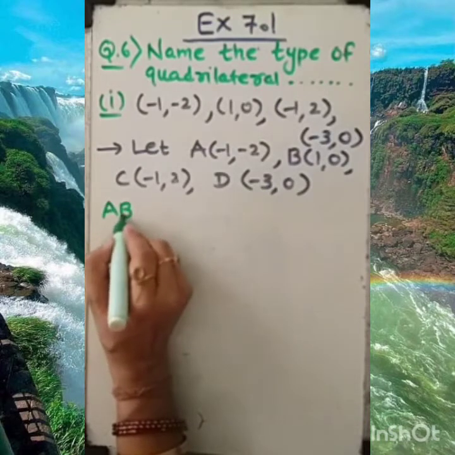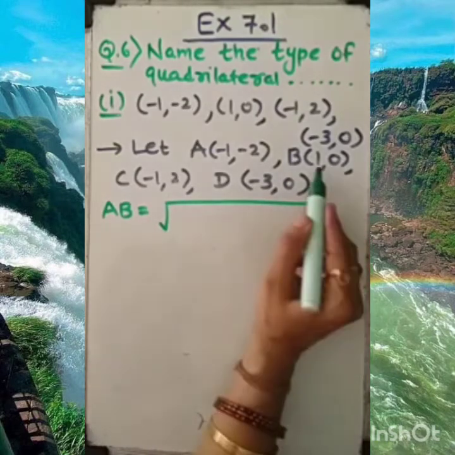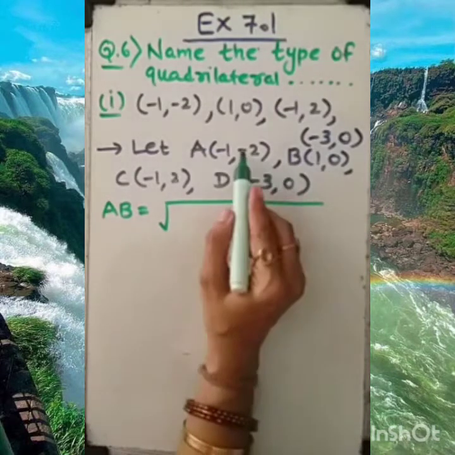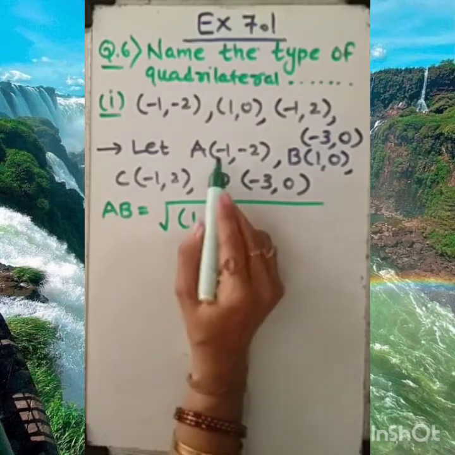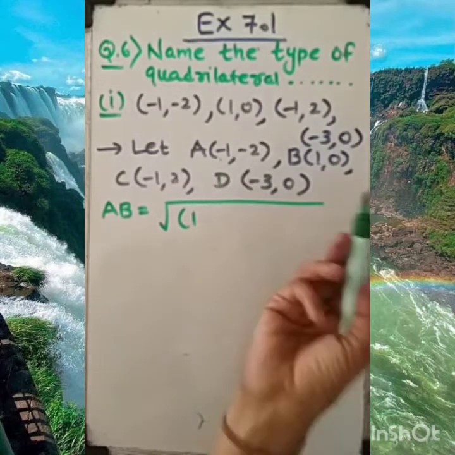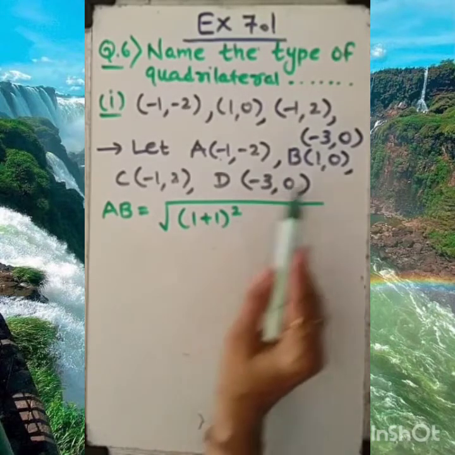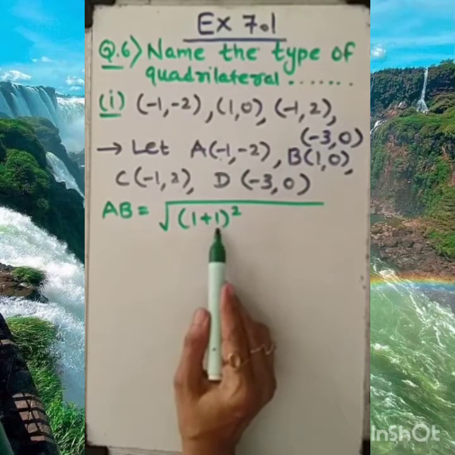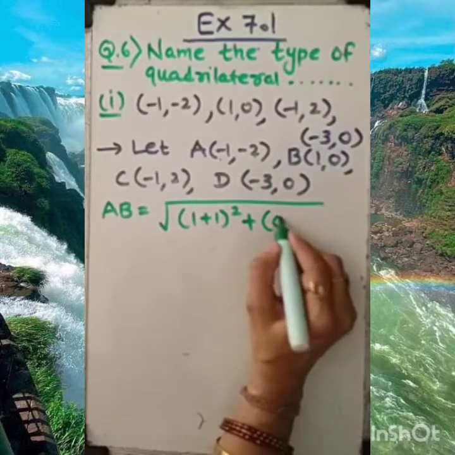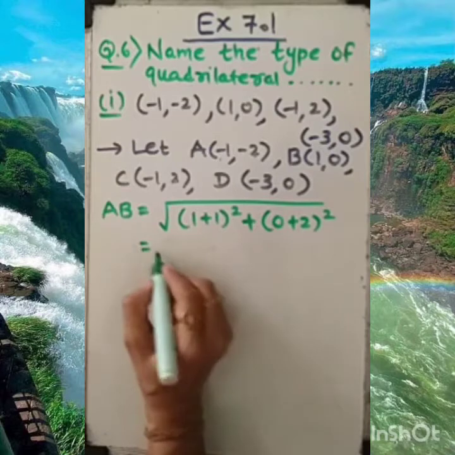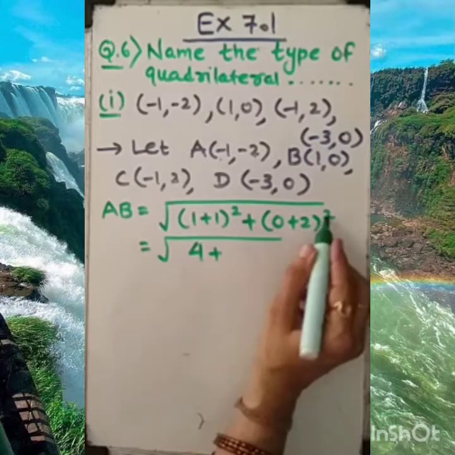Let me find the distance between the 2 points A and B, that is AB. What is AB? Under root of, be careful, there is a minus sign here. So here, look at your screen. 1 minus (-1), so you can directly write +1 because while writing minus minus it becomes plus. Now 0 minus (-2) becomes +2. So 1 plus 1 whole square is 2 square, that is 4, and 2 square is 4.